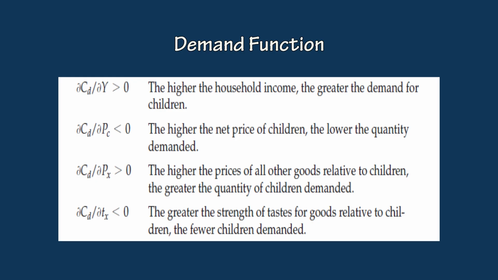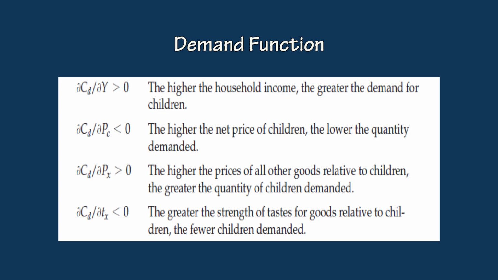Inverse relationship. Once again, del CD by del PX is greater than 0: the higher the prices of all other goods relative to children, the greater the quantity of children demanded. Del CD by del TX is less than 0, which is also an inverse relationship: the greater the strength of tastes for goods relative to children, the fewer children demanded.